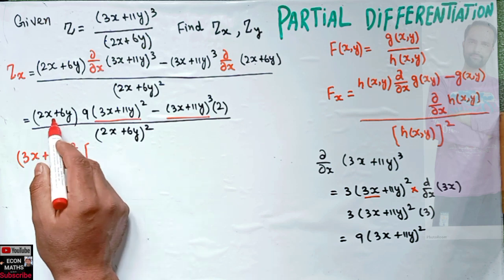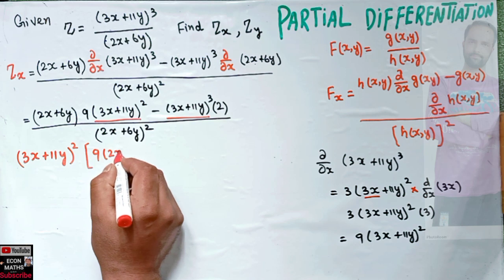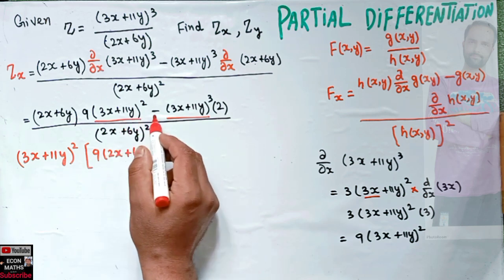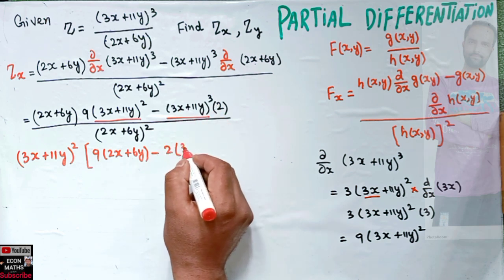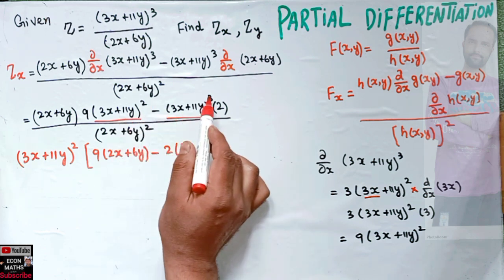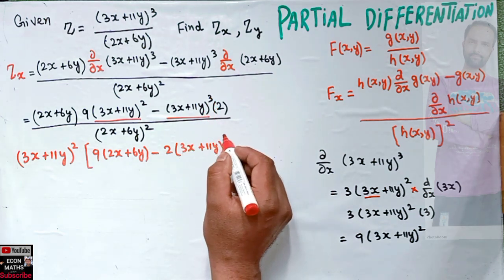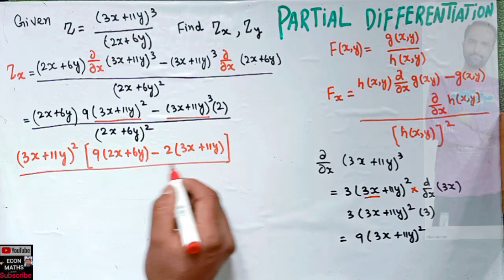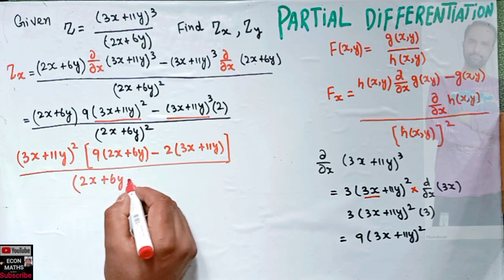We are left with 9(2x plus 6y). Then of course we have minus this 2(3x plus 11y). Why is this? Because we have taken the square out, one term is left here. So we have (2x plus 6y) square here.